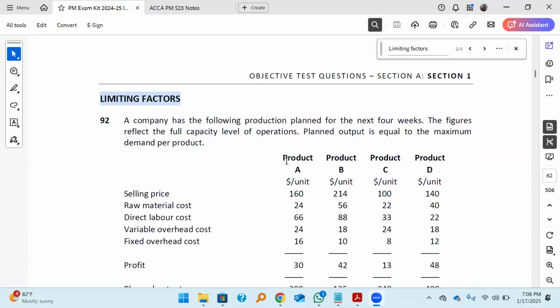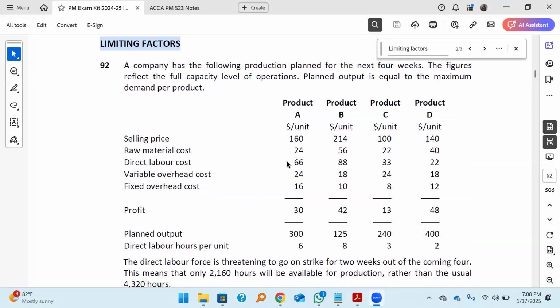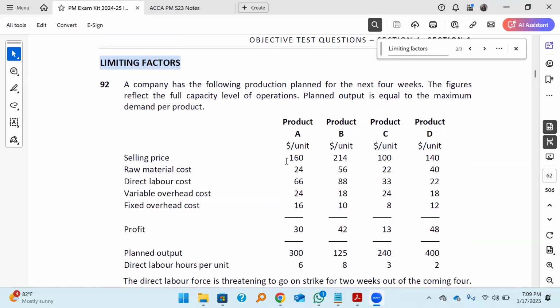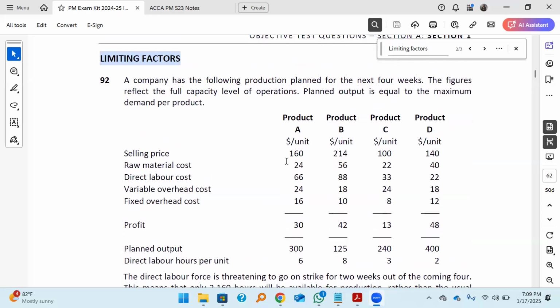So if you go to the question, you see that you have a company which has the following 4 planned products for the next 4 weeks. So the figures reflect the full capacity level of operations. When you look at that, you need to understand what is meant by full capacity level of operations.